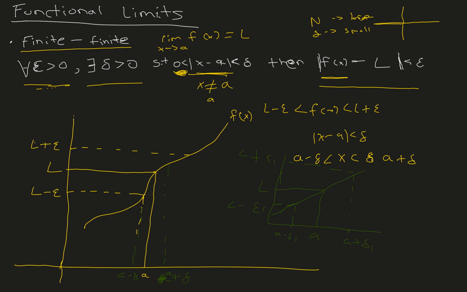But as our epsilon becomes smaller, for example epsilon 2, L plus epsilon 2 and L minus epsilon 2, our delta also needs to become smaller, because whenever epsilon becomes smaller to this, our delta should be such that we should cover this part of the graph.